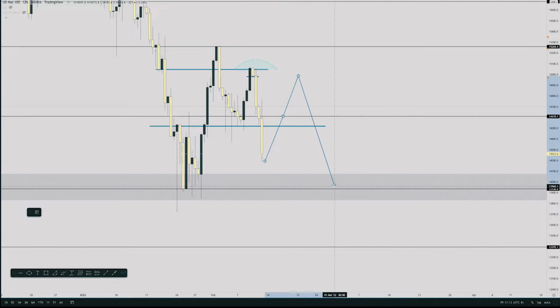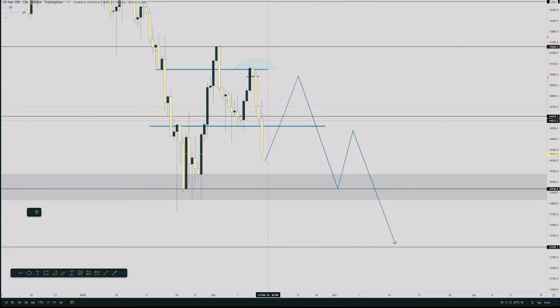And we could see something like this, attempting this level and coming up again and then going, or perhaps something else. Perhaps I'm seeing this situation and then perhaps a retest situation like that. Sorry, remove this arrow.